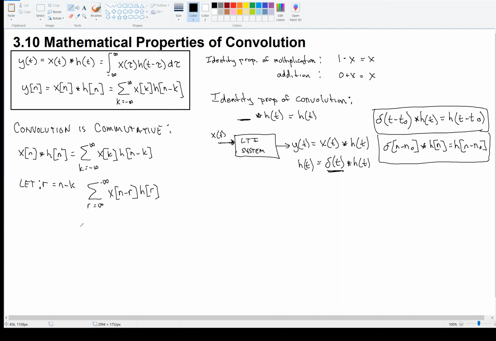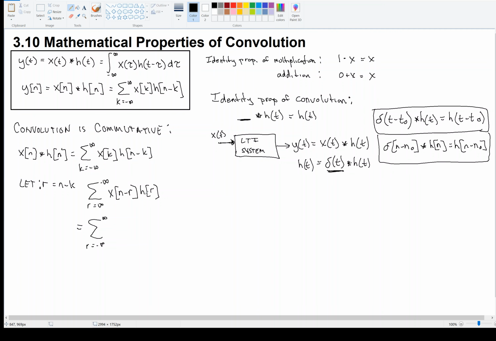Now first of all, I can switch the order of summation without changing the sum. Briefly, the reason I can do that: think of a geometric series like 1 plus 1/2 plus 1/4 plus 1/8. It doesn't matter if I add the numbers up that way or if I add them up 1/8 plus 1/4 plus 1/2 plus 1, because addition commutes.